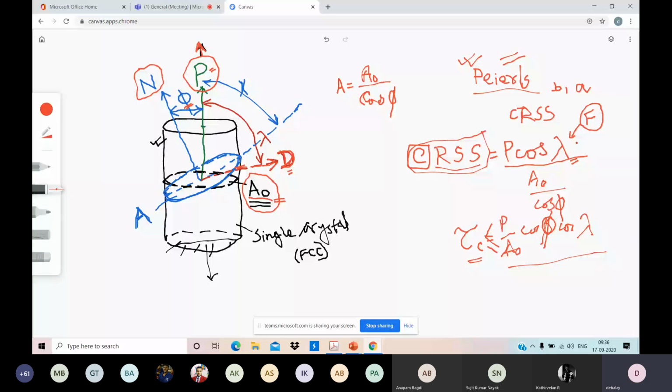Similarly, I am drawing another plane, the perpendicular plane.